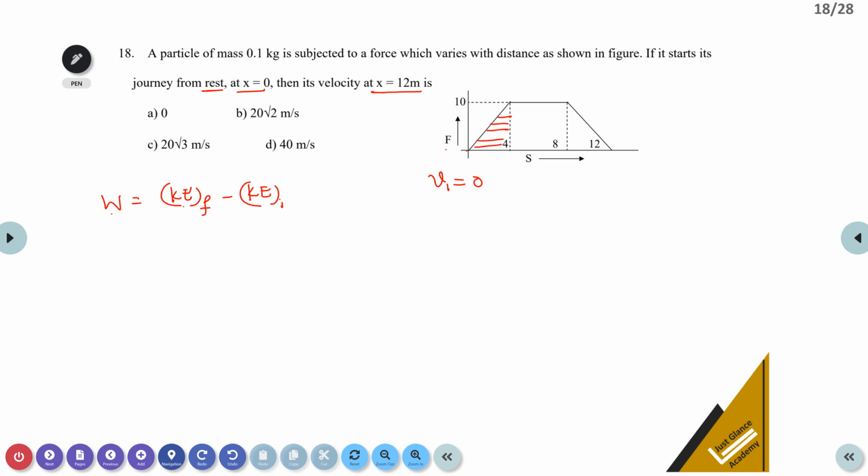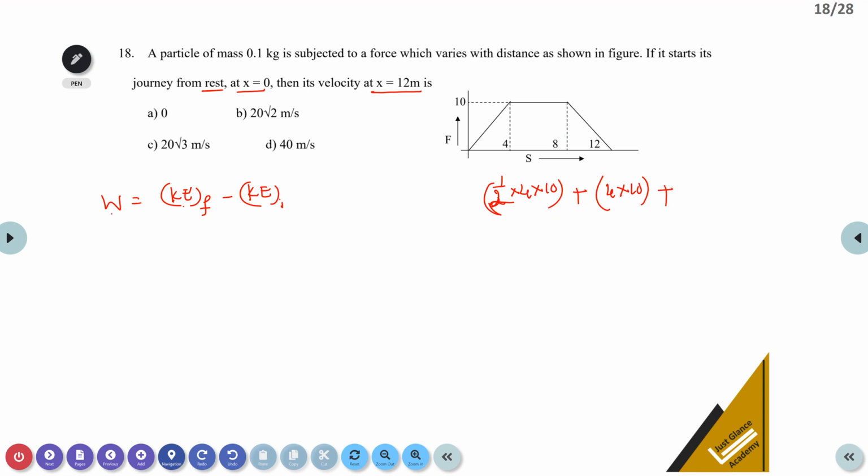Work done, W equal to, for this part, 1 by 2 into 4 into 10. Next, this part looks like a rectangle, 4 into 10.